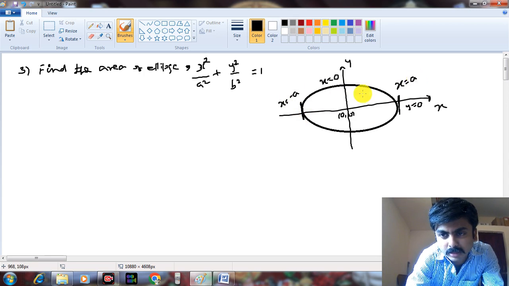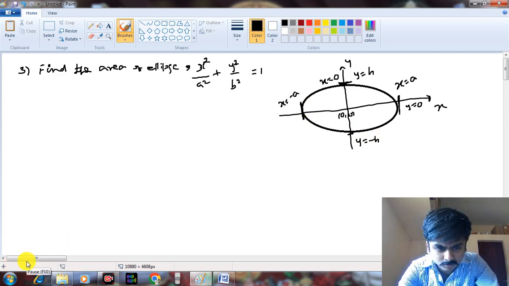And we have to identify this point also. This point is y equal to B, and this point is y equal to minus B. Actually I am calling them points, but actually they are not points, they are lines.